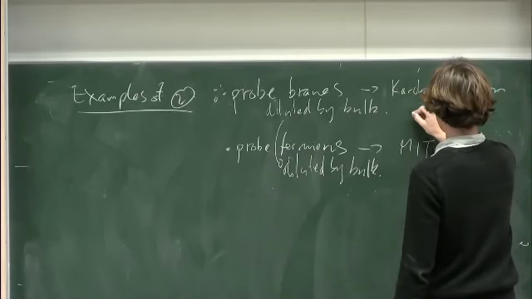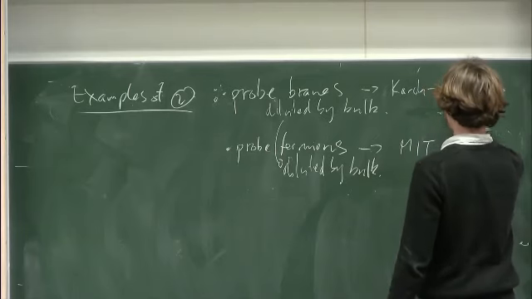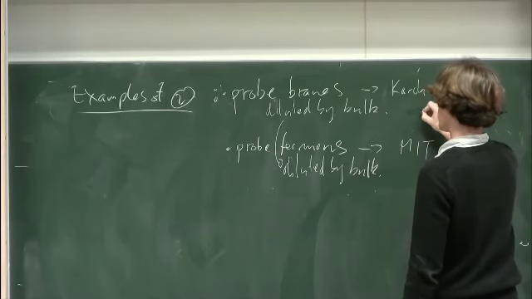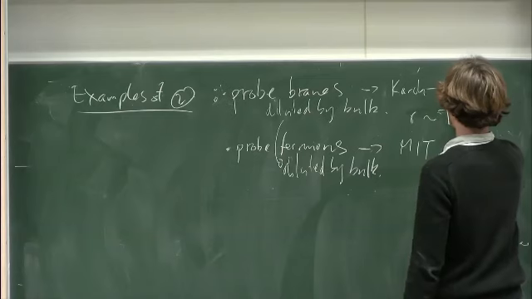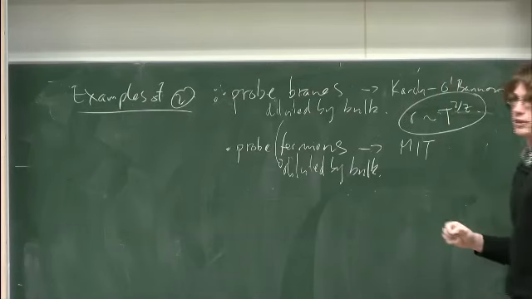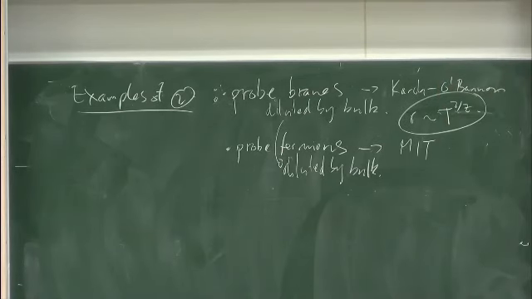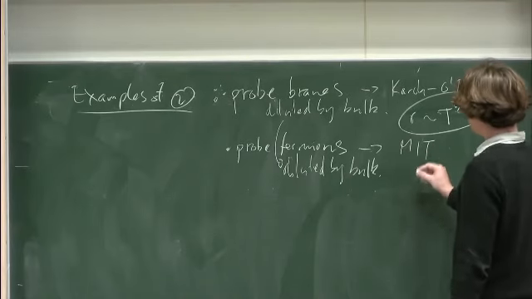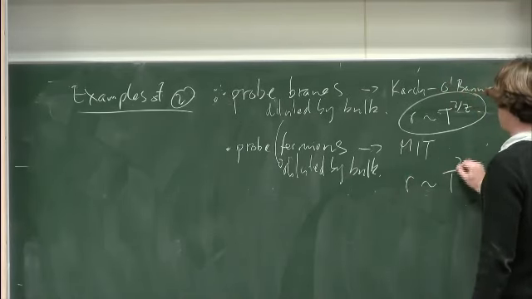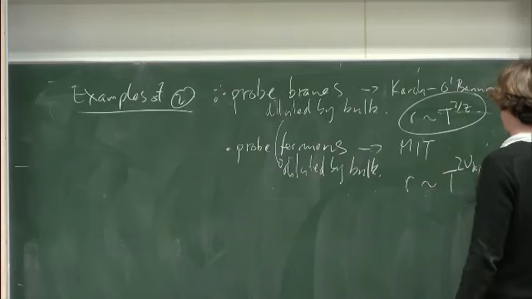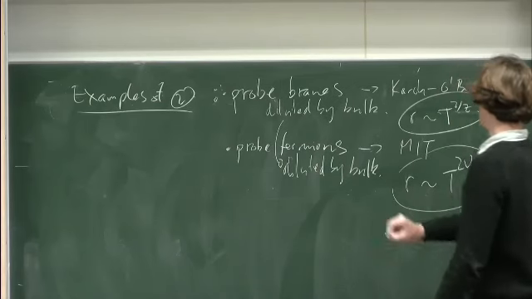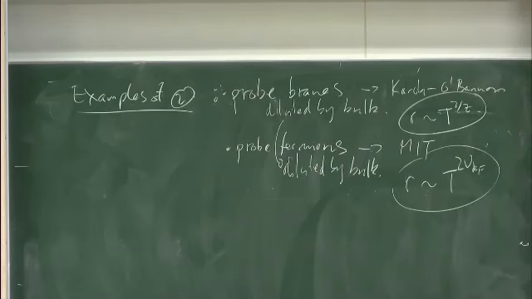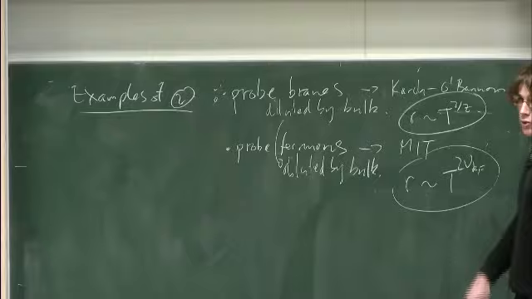David Tong, Eva, Joe, and myself have a generalization of Koch and O'Bannon, where we got a resistivity that went like T to the 2 over z, where z was the IR dynamical critical exponent, and the MIT people got a resistivity that went like T to the 2 nu_kF, where nu_kF was the dimension of the fermion in the IR AdS2 CFT, which depended on kF. So, okay, you can get some results.